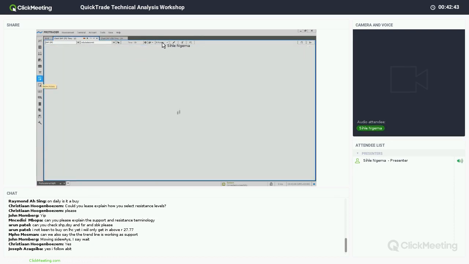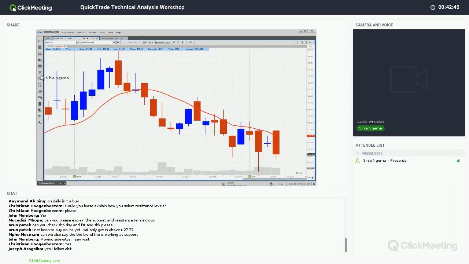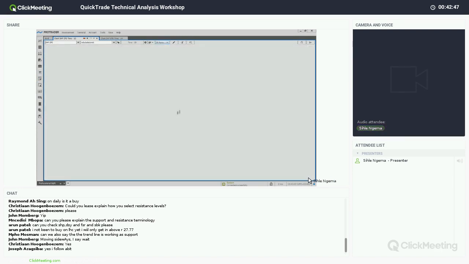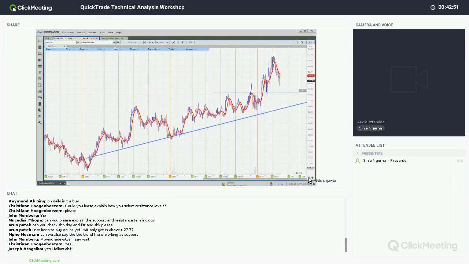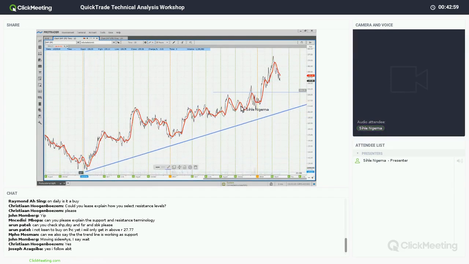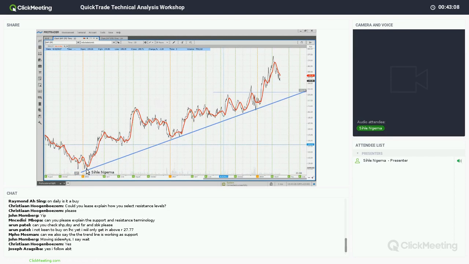Okay, let's look at the daily now. We may have to adjust our trend line on the daily time frame. This is your trend line, starts here.